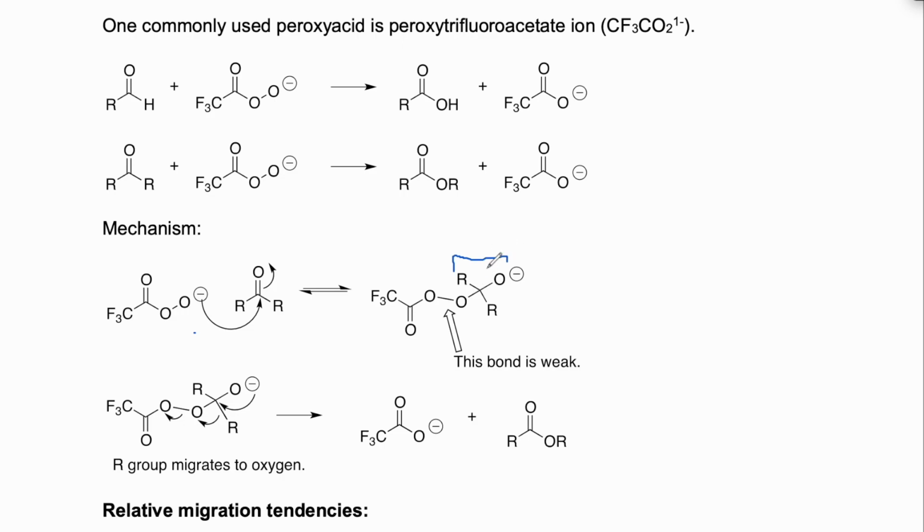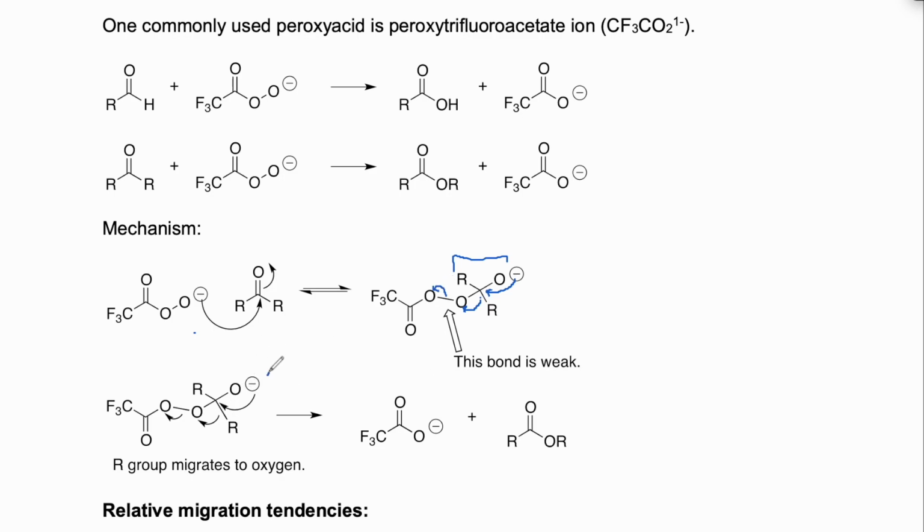But instead of getting a hydrogen and forming the hemiacetal, what we have is that this does a little bit of a shift, almost like the hydride shift, the 1,2 hydride shift that we had earlier, or the 1,2 methyl shift. So this moves over to be attached to this oxygen, and then that releases a regular acid rather than a peroxy acid.